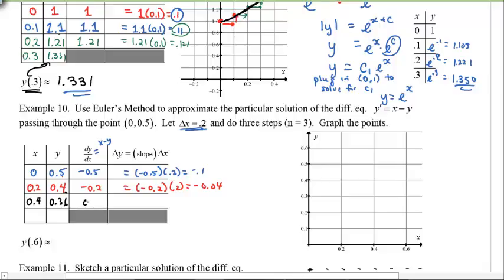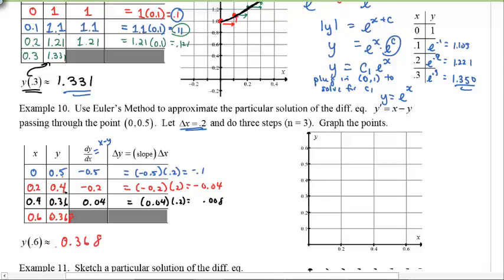Oh yes, I know, that's positive this time. Hey, it became positive. Interesting. So 0.04 times 0.2, that's 0.008. They're getting really small. So this is now 0.6, and I guess this would be 0.368. So that's my final answer of 0.6.